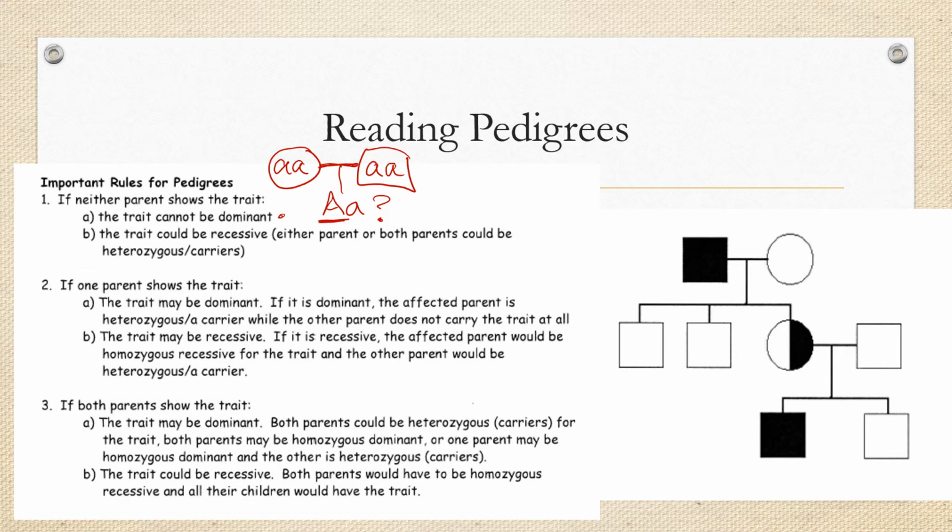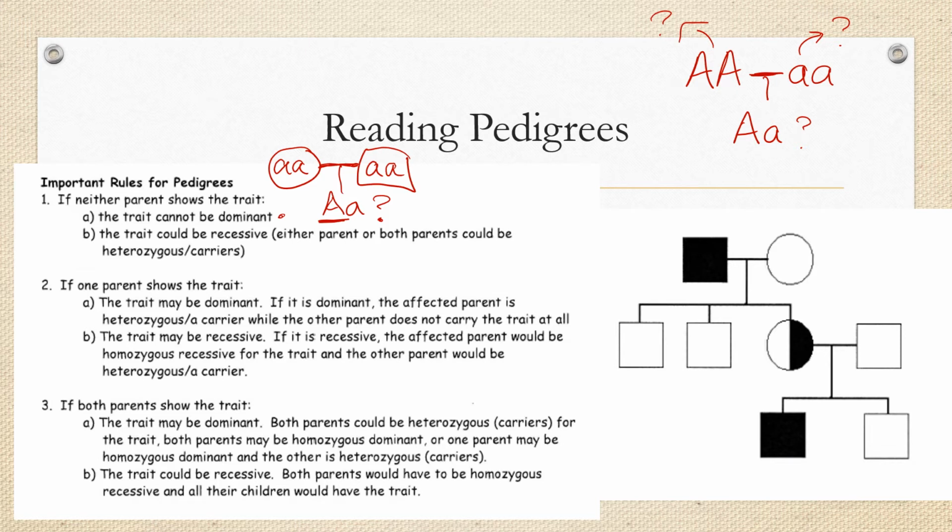Now, if one parent shows the trait, it may be dominant. You may have an instance where one parent is homozygous dominant and the other parent is homozygous recessive. You would then have to look at their child or their parents to find out whether it is a dominant trait or a recessive trait.